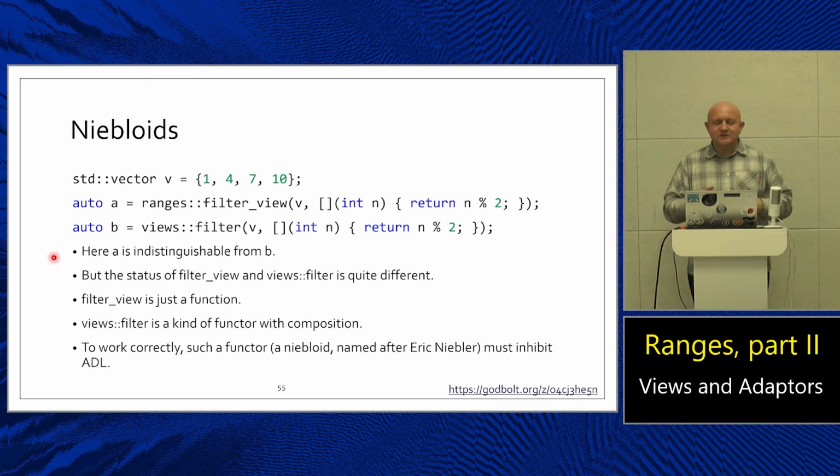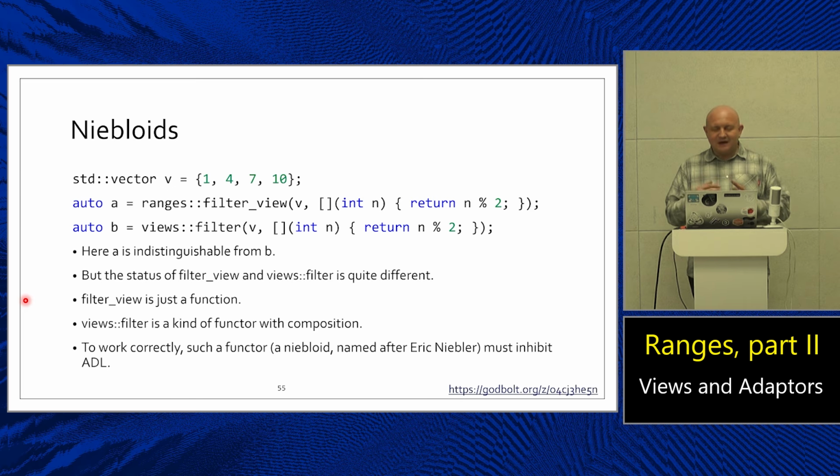Filter view is just a function, but views filter is a special kind of function object that supports piping, supports composition with operator bitwise OR. This kind of object is called a Niebloid, named after Eric Niebler, one of the early range evangelists. And for this to work correctly, a Niebloid must inhibit argument-dependent lookup.